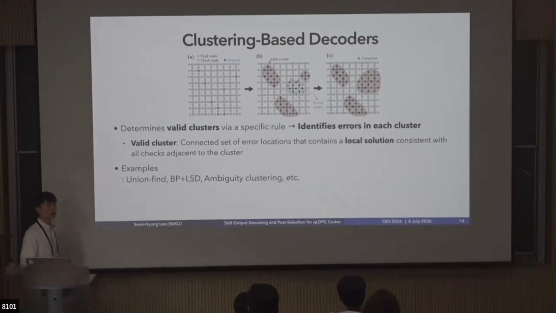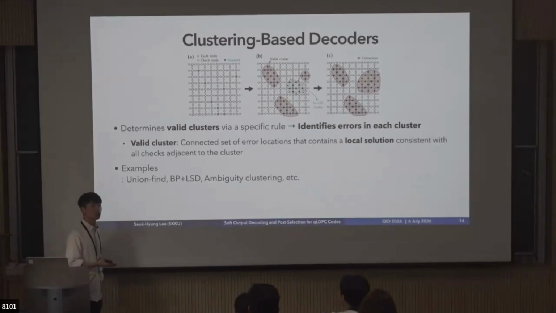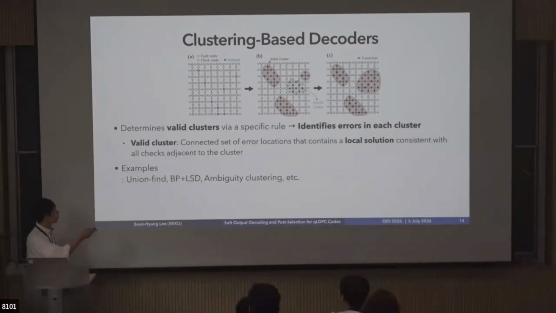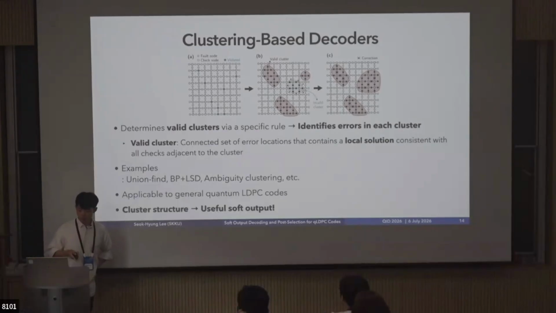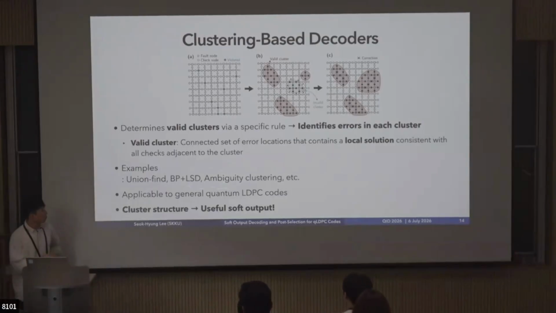A very well-known example is the union find decoder. And for qLDPC codes, there are some well-known solutions like BPRSD or ambiguity clustering. We specifically consider the BPRSD decoder in this work. Importantly, this BPRSD or ambiguity clustering is applicable to general quantum LDPC codes.